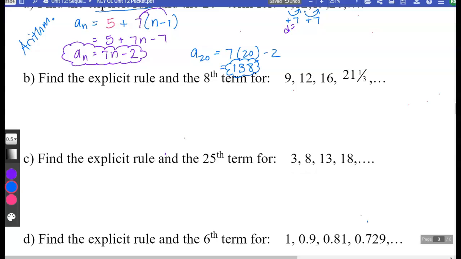But remember, you can always find a ratio by taking your second term and dividing it by your first term. 12 divided by 9 is 4/3. So we ask ourselves, 9 times 4/3, is that 12? Well, yes, it is. 12 times 4/3, is that 16?